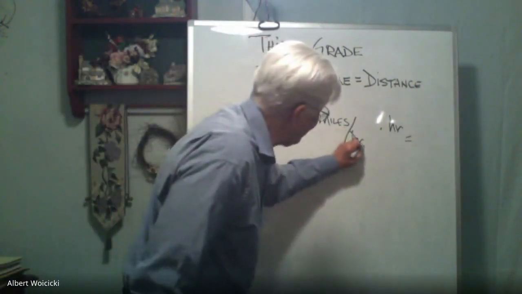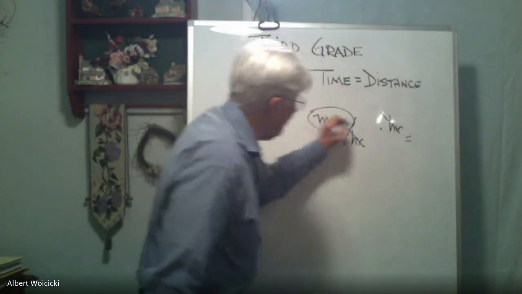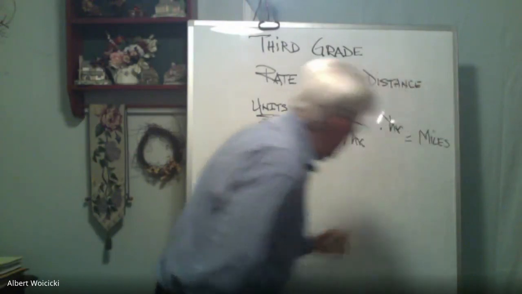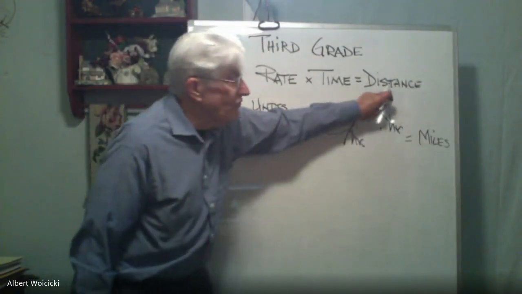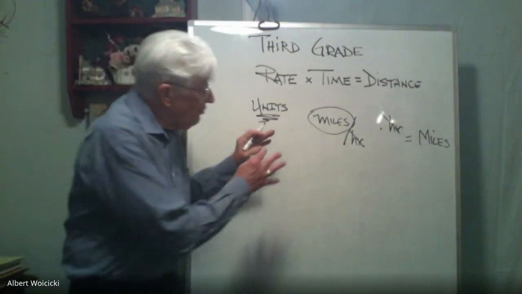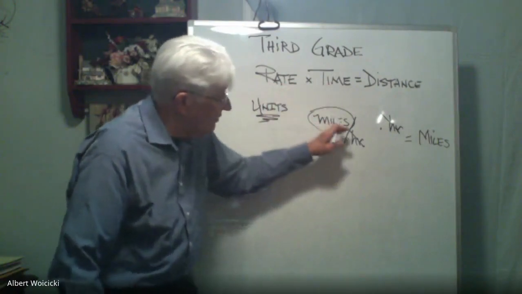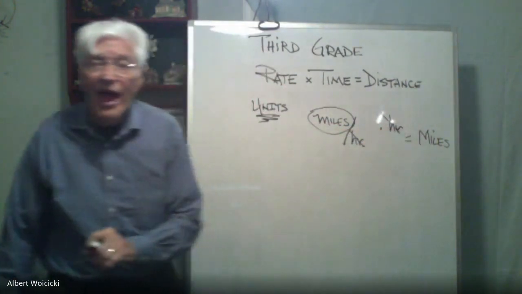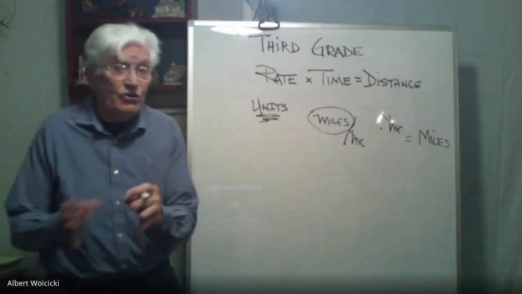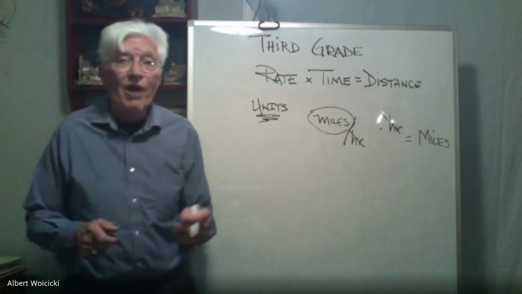So let's factor the hours, and what are we left with? We're left with miles. And that is distance. So, because we've done the right process, knowing these two things, our units are correct. You see, if our units aren't correct, then we've done the wrong process.